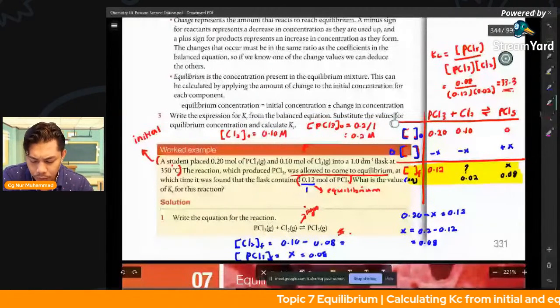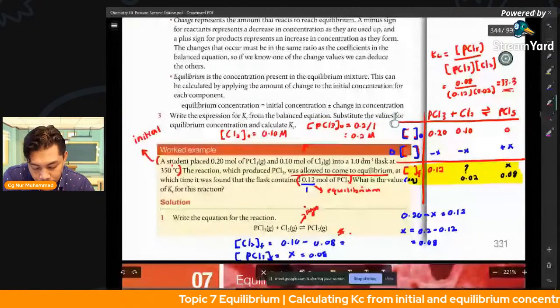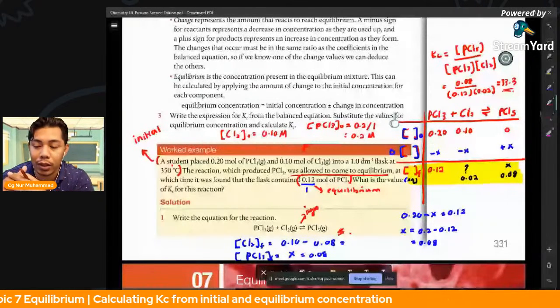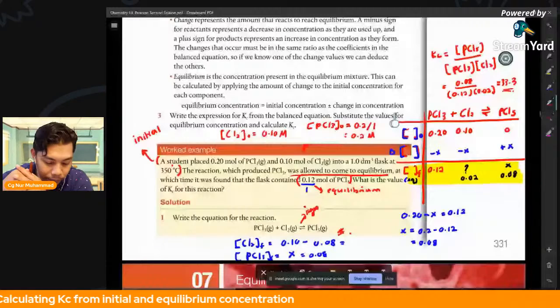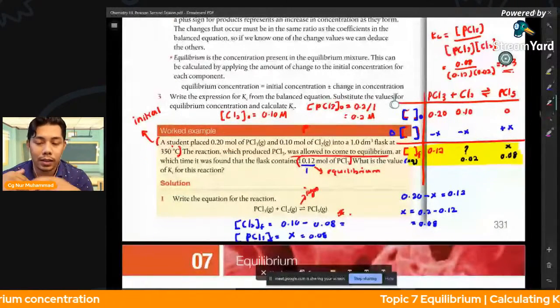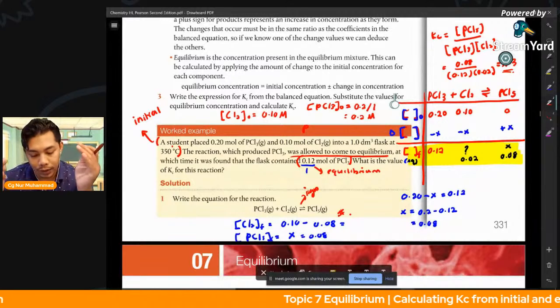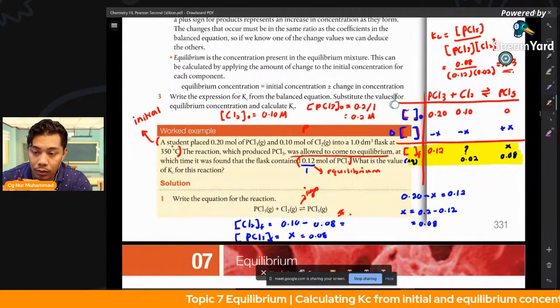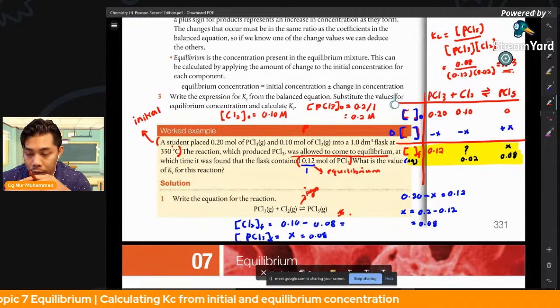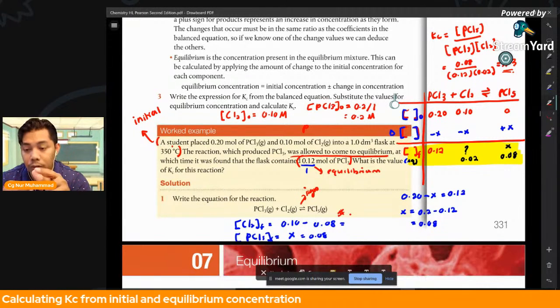Okay kelas, so far boleh nampak tak setakat ni? Nampak ada 2 tadi kan. First question, you are given directly the concentration at equilibrium, so you just can calculate by using the formula. Second, you are given the initial concentration and you are given the final equilibrium concentration.